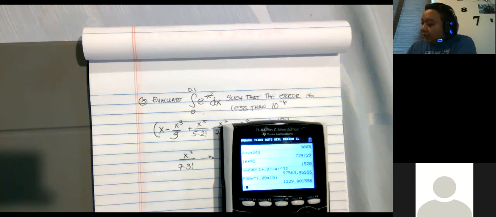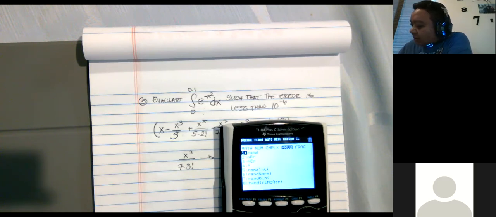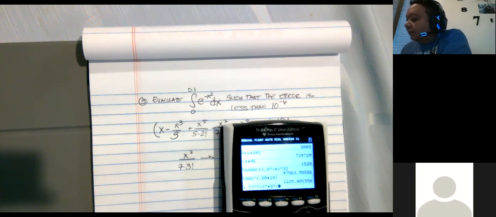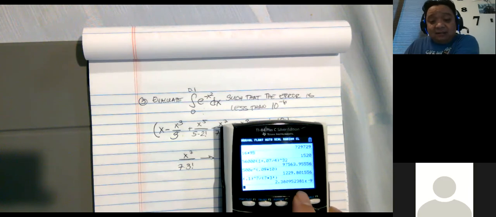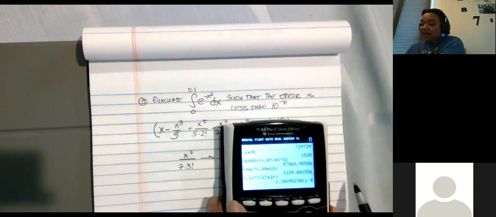Okay, so it's 0.1 to the 7th divided by parentheses 7 times 3, and I have to go to math, probability, factorial. So it's definitely less than 10 to the negative 6. But that doesn't mean it's the first one you drop. So this one is 2 times 10 to the minus 9.